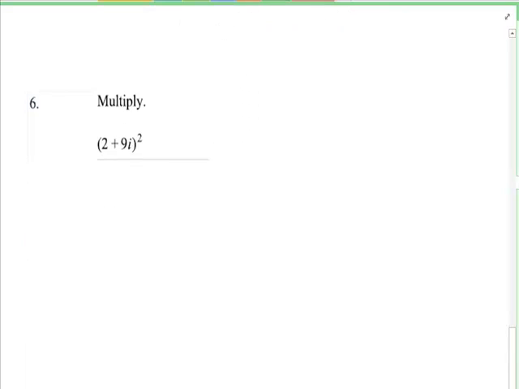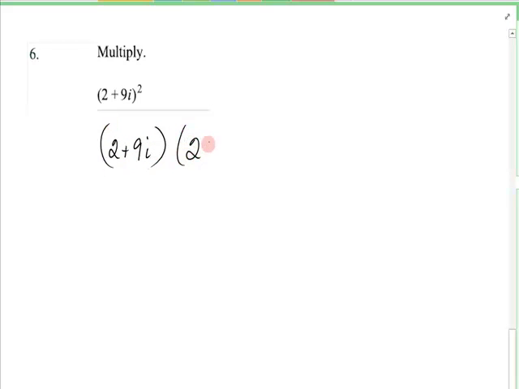All right, last one. We're asked to square a complex number. So if I have 2 plus 9i and multiply it by 2 plus 9i, the product of the first, 2 times 2 is 4. The outer product, 2 times 9i, is 18i. The inner product is another 18i, not opposites, they're the same.